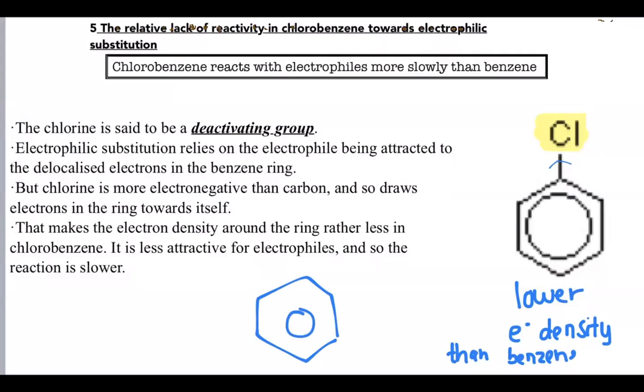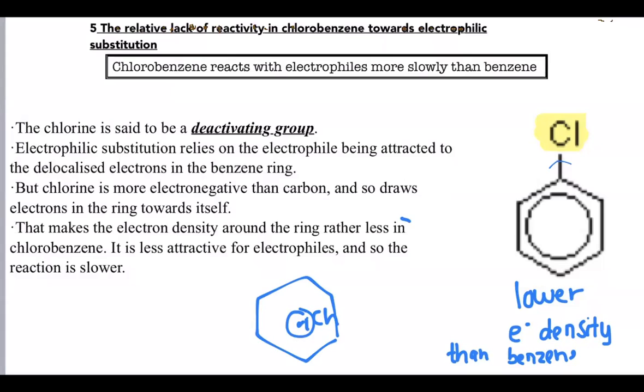Benzene is electron rich. The moment you add chlorine as a side chain, the chlorine will take away some of this electron rich region. So relatively, the electron density in chlorobenzene will now be less negative. I know there is no negative charge on it, but we say that it is less negative.